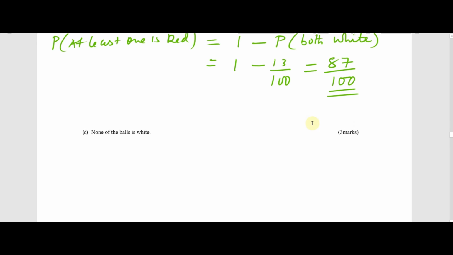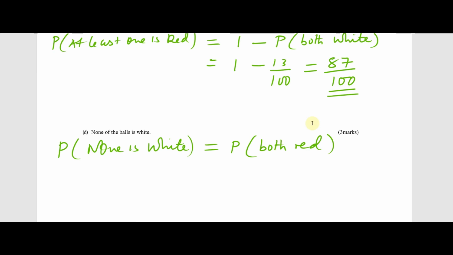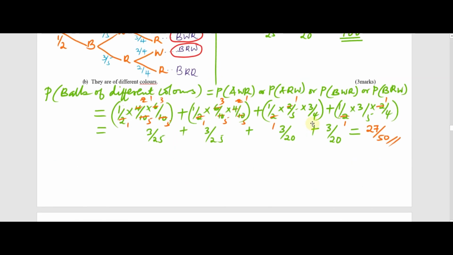And the last one, none of the balls. So probability none is white. Again, this one is very easy. If you are getting the probability that none of the balls is white, then this is equivalent to the probability that both are red. And we need to get the instances where both of them are red.